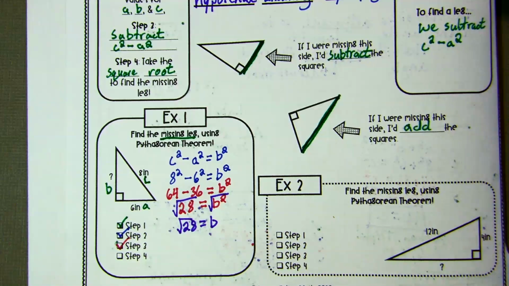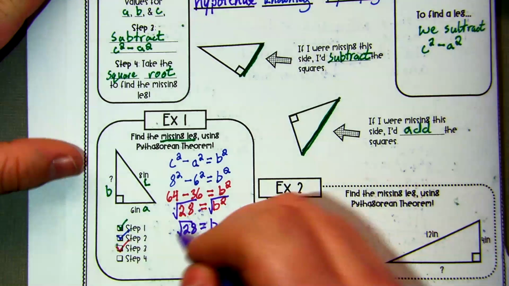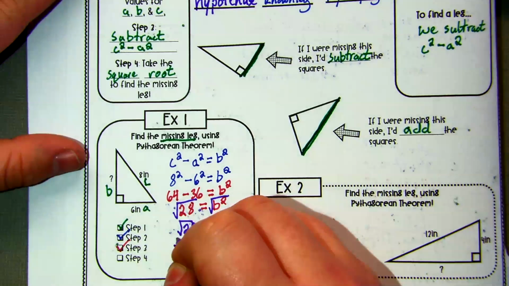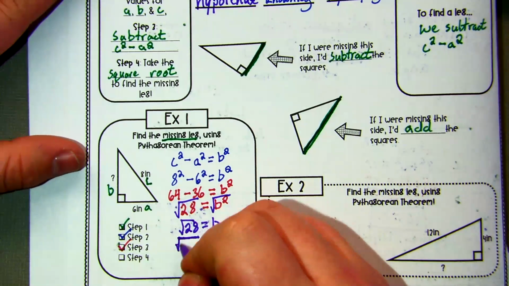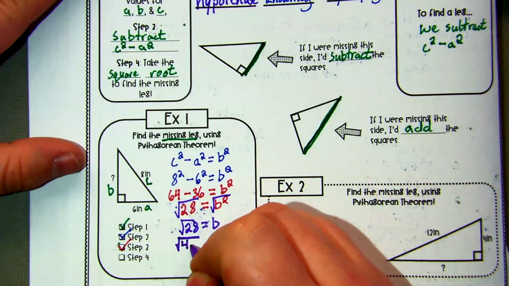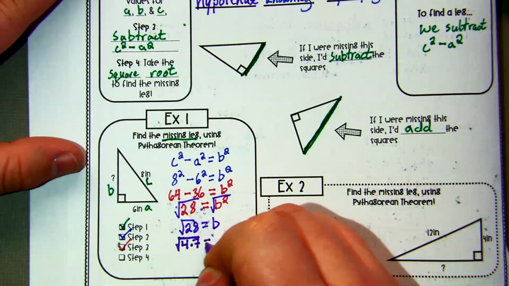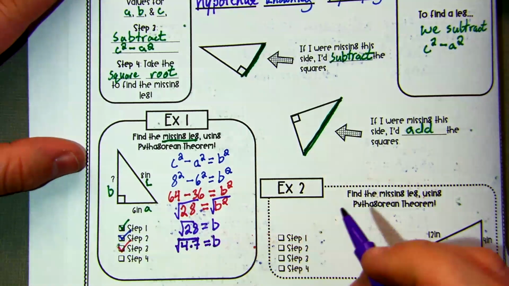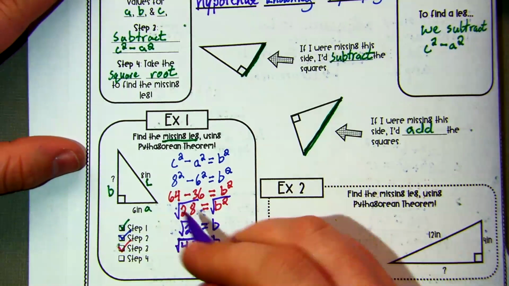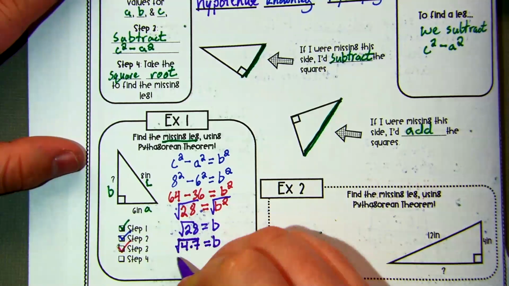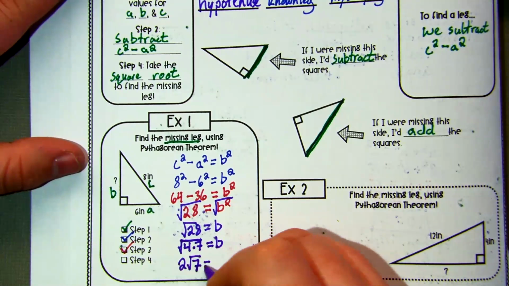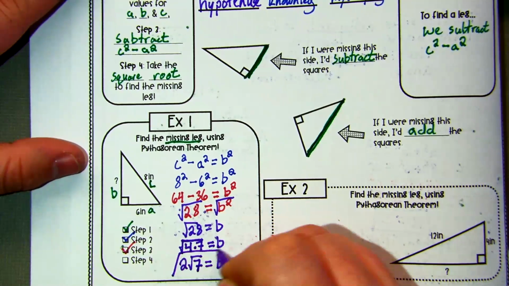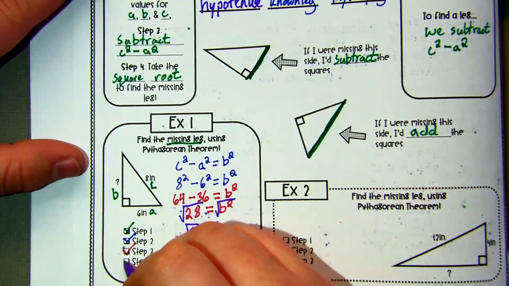So square root of 28 is not one of our nice ones, so we have to simplify it down. What Valerie noticed is that we can rewrite 28 as 4 times 7. 4 is our perfect square, and the square root of 4 is 2. 2 radical 7 equals b. Done with step 4.